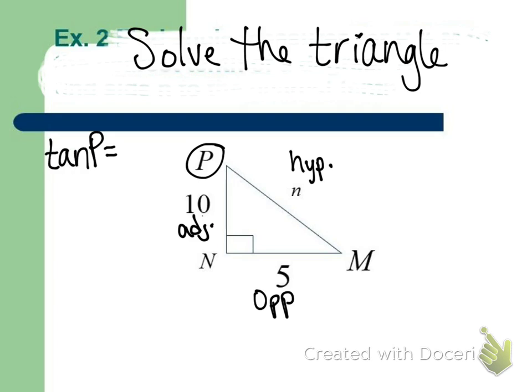So the tangent of P is equal to 5 over 10. We are looking for an angle measure, which means we need to use the inverse trig function. So P is equal to the inverse tangent of 1/2. If you leave it as 5 over 10 when you type it in your calculator, it will give you the same thing.